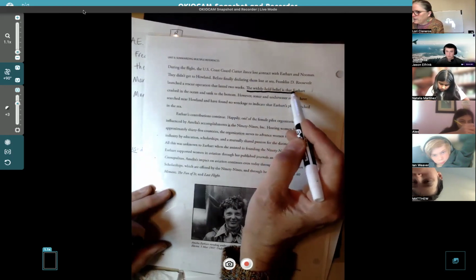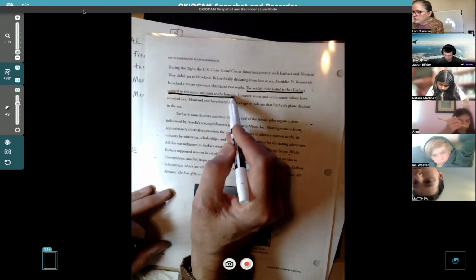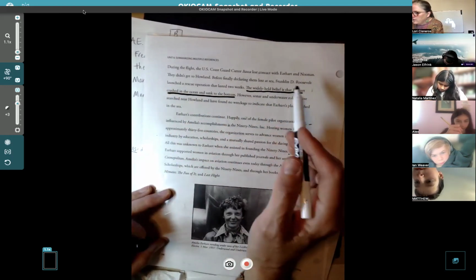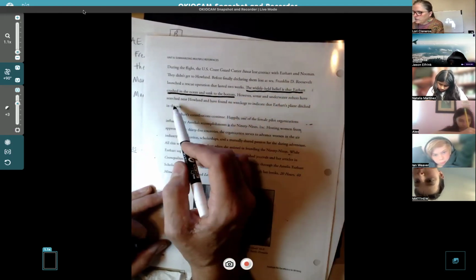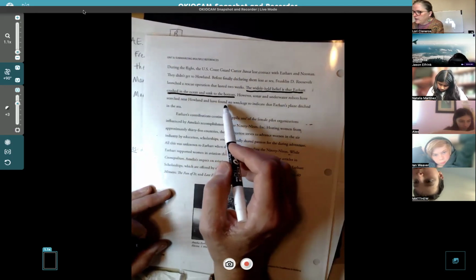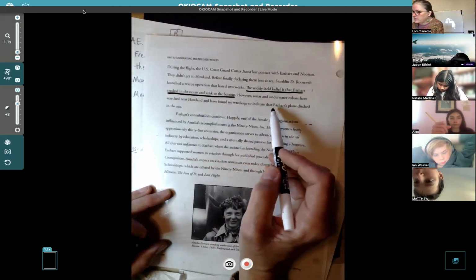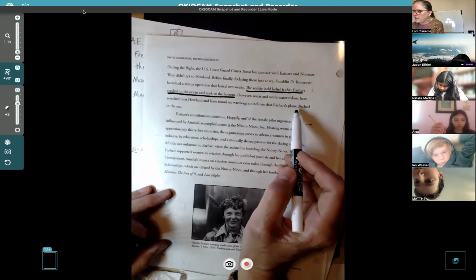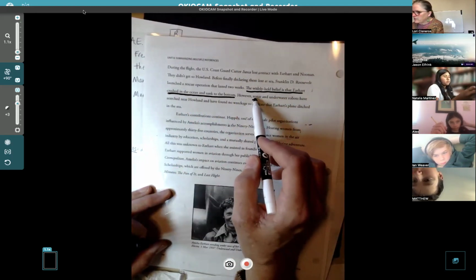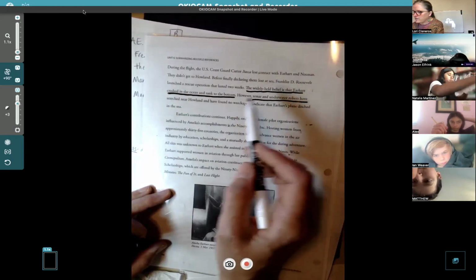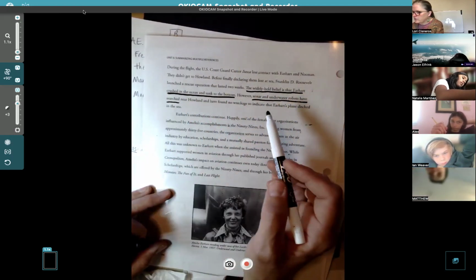Okay, that one's a different theory. Crashed in the ocean and sank to the bottom. However, sonar and underwater robots have searched near Howland and have found no wreckage to indicate that Earhart's plane ditched in the sea. I'm going to underline sonar and underwater robots have searched.